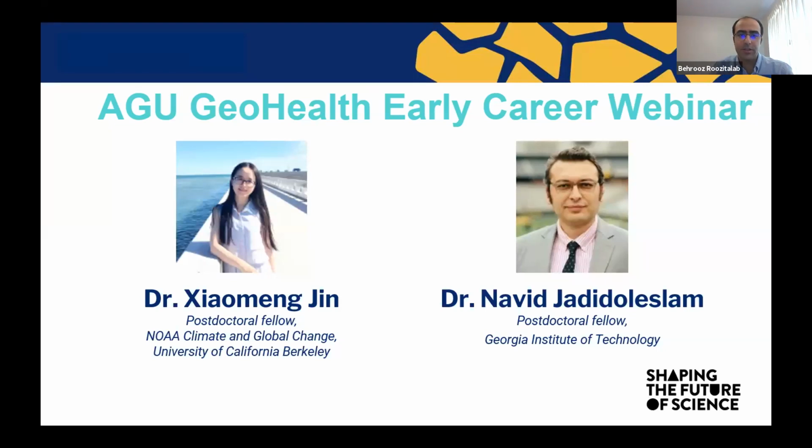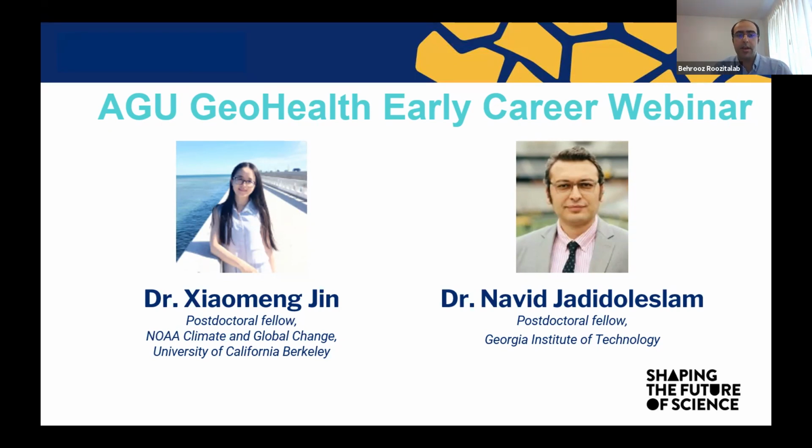Welcome to the AGU GeoHealth Early Career webinar. The title of today's webinar is the application of satellite data in GeoHealth studies. And it is an honor and pleasure for me to introduce our guest speakers, Dr. Xiaomeng Jin and Dr. Navid Jadidoleslam.